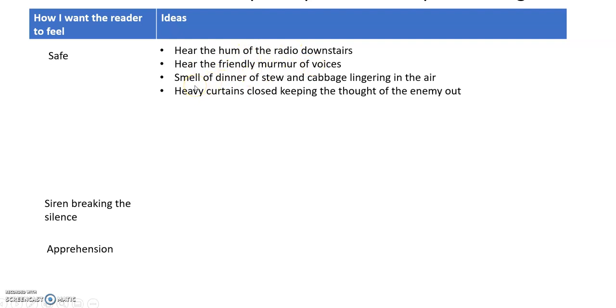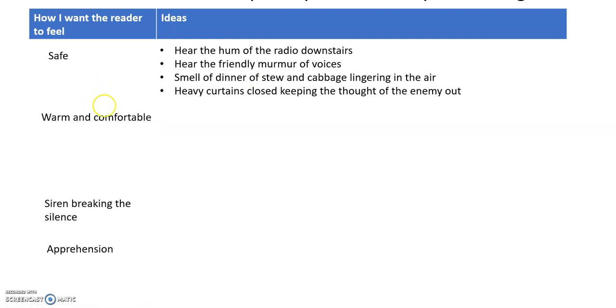I'm going to remember the smell of the dinner of stew and cabbage that's lingering in the air. I'm going to make a note of the heavy curtains on my window that are kept closed to keep out the thought of the enemy. They're going to make me safe, those blackout curtains.